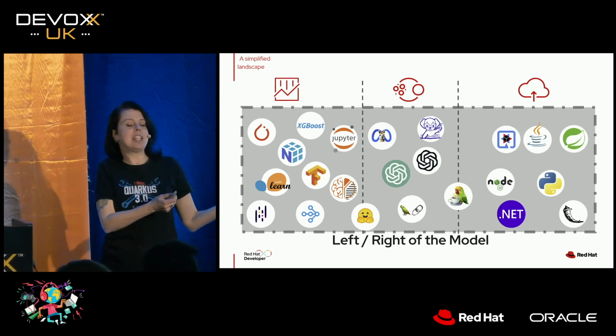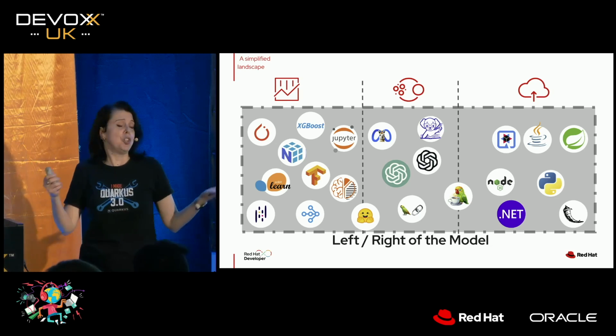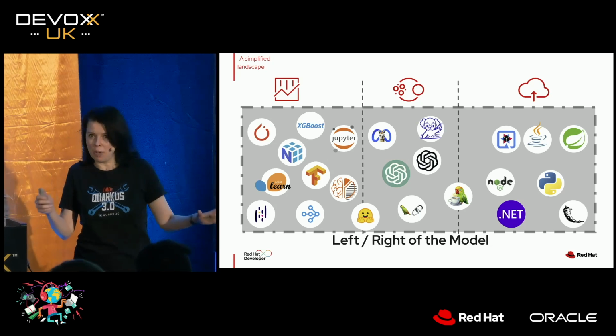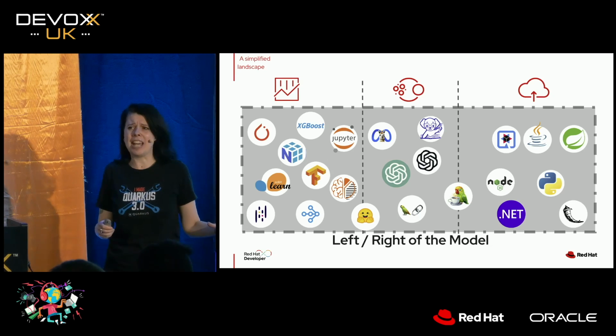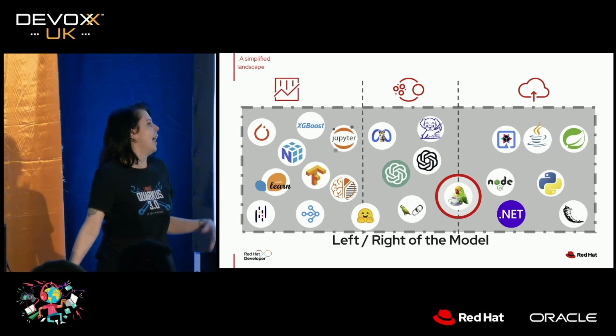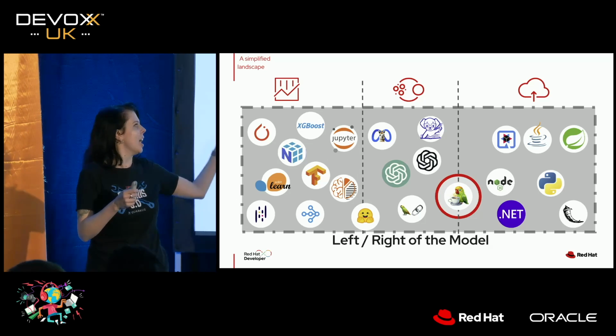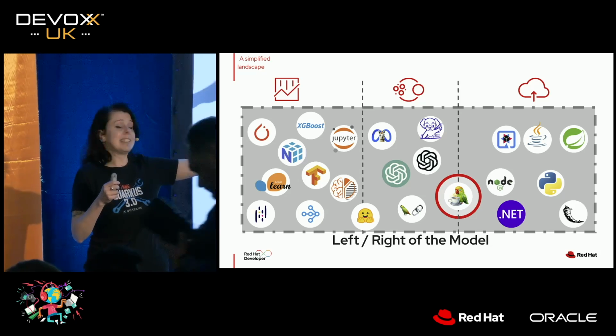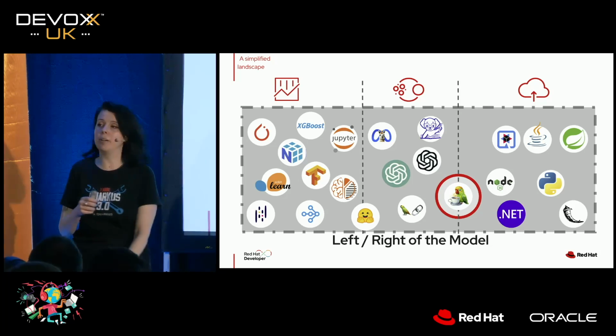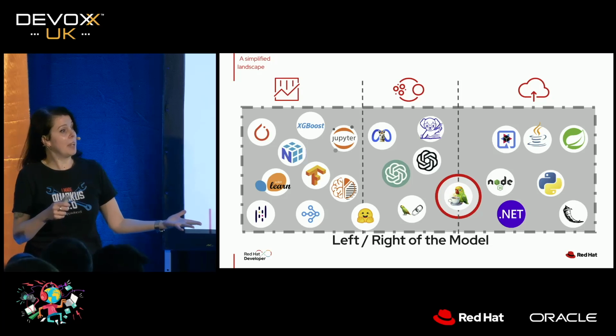When you put it into an application, you could use Python, but we don't want to do that. You could use .NET, but we definitely don't want to do that. So we want to embed it into a Java application. The best way to do that is LangChain4j. So that's our parrot with our coffee cup. We're going to talk about that today.